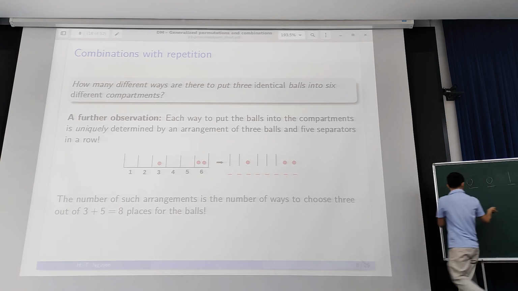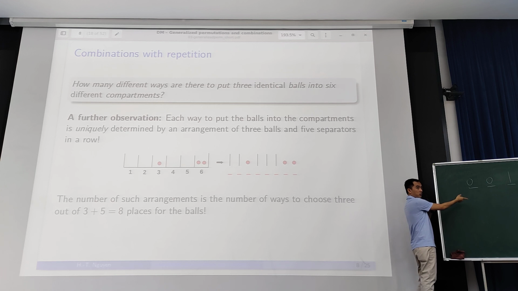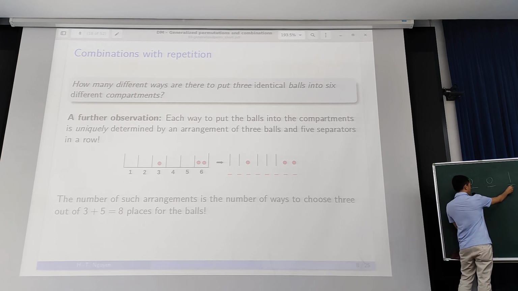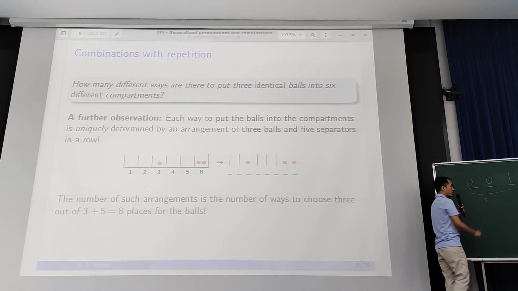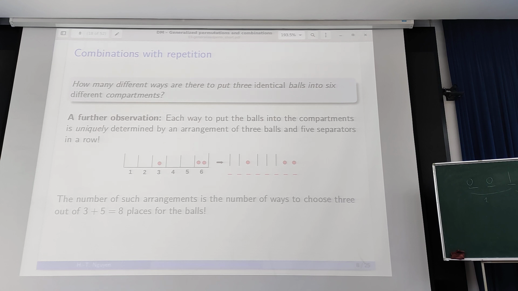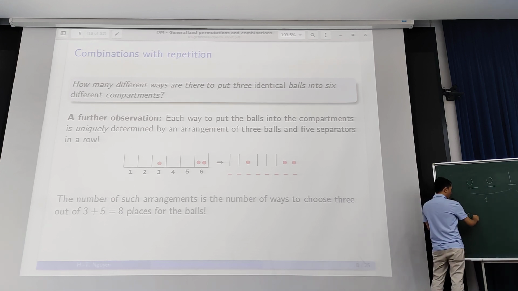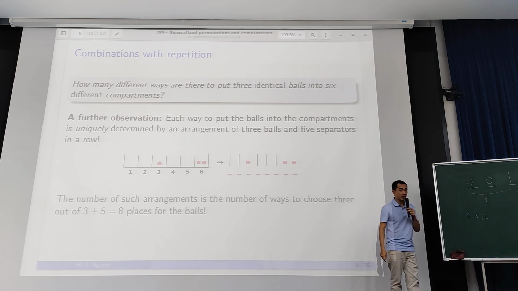What is the outcome corresponding to this configuration? Before the first separator, this is box number 1. Here is box number 2, and then you have 3, 4, 5, and 6. So this corresponds to the configuration 1, 1, and 2.